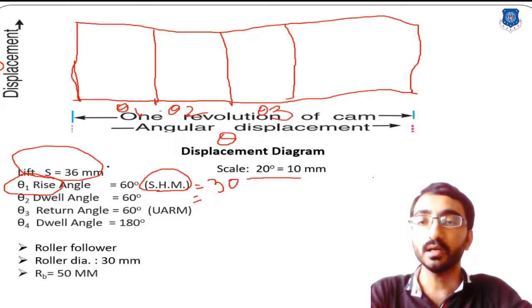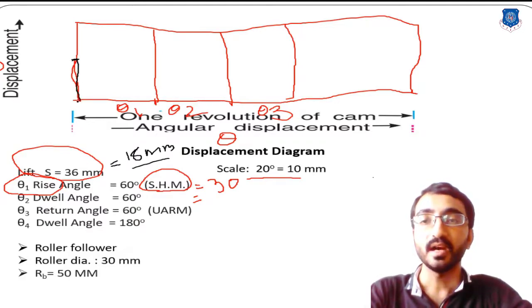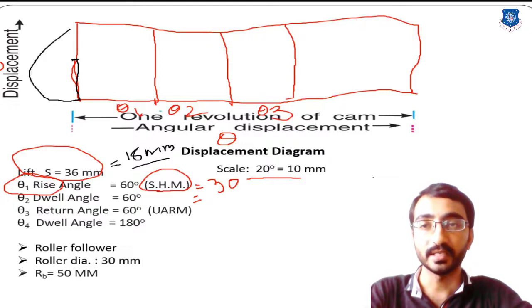Okay, so here in this numerical, stroke is given as 36 mm. So your diameter will be 36, or if you want to calculate the radius, then it is 18 mm. So take radius of 18 mm, put the tip of your rounder at the midpoint, which is representing this 18 mm, and draw the semicircle over here.